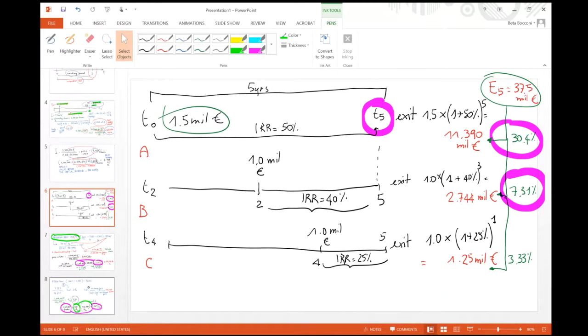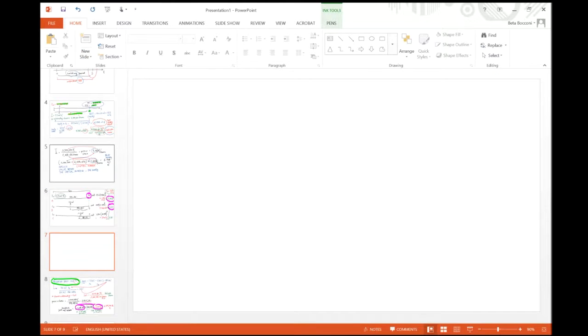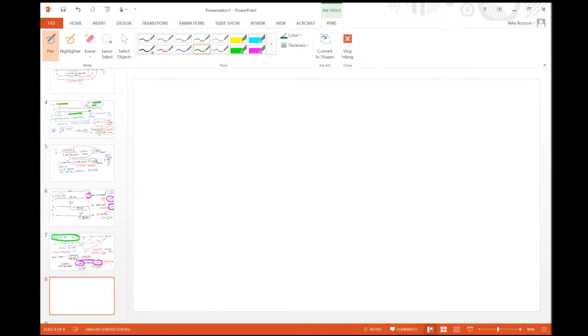So basically, in a sense, the retention ratio for our third investor is exactly 100%, because no one else enters after this guy. So from this point of view, its equity stake remains unaffected, 3.33.